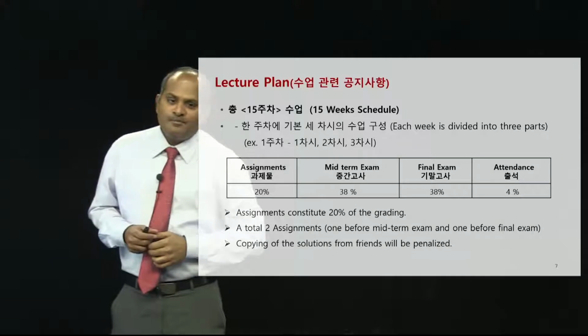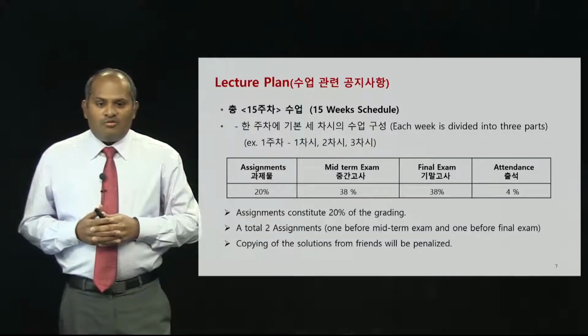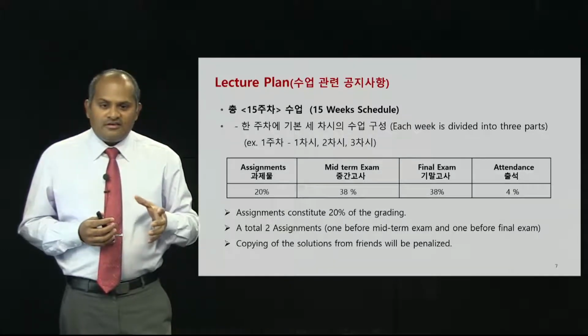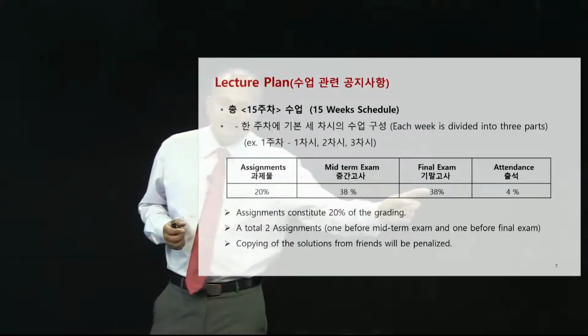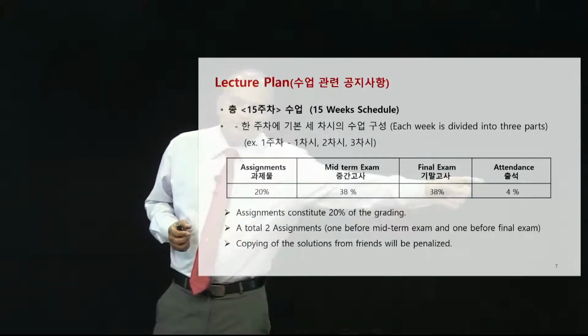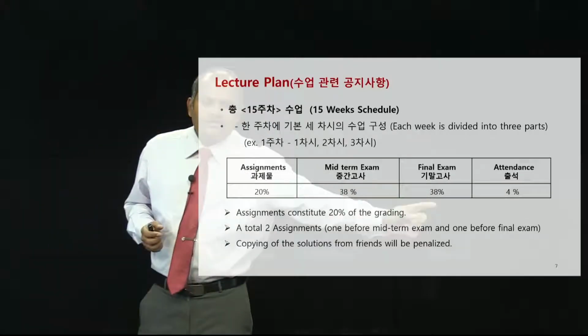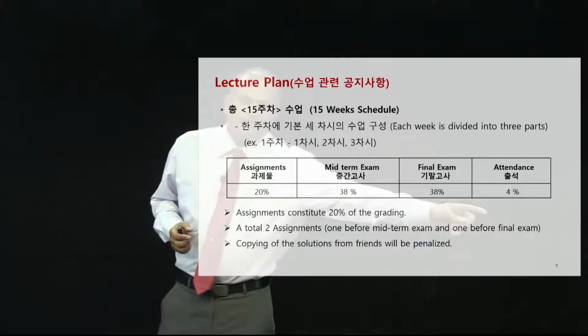And then, most important, grading. For grading we have 2 exams, one a midterm and one a final exam, and there is also attendance. The combination of midterm and final is around 76%, so it is very important, and then you have attendance around 4%.